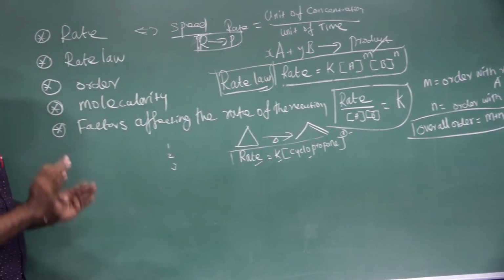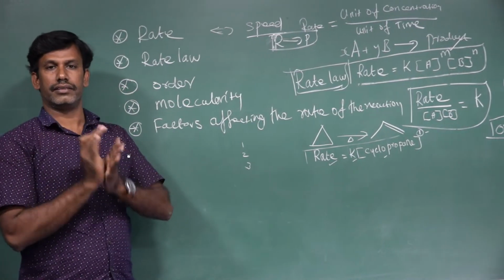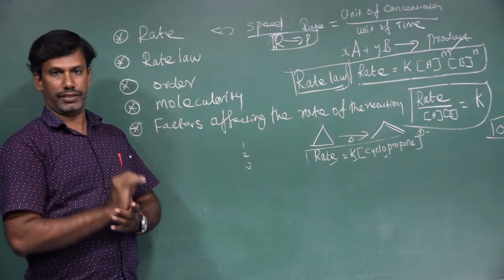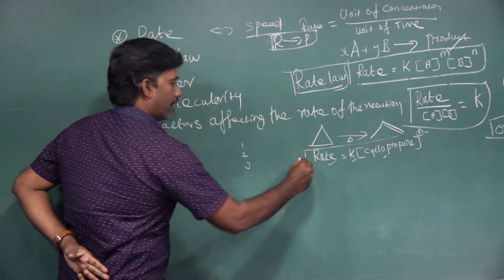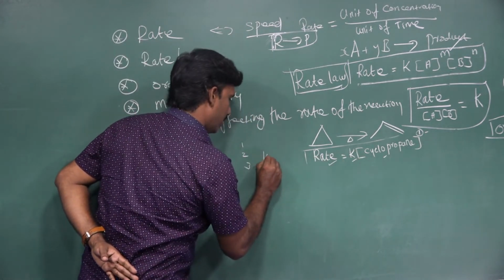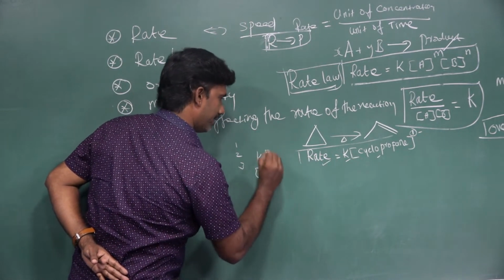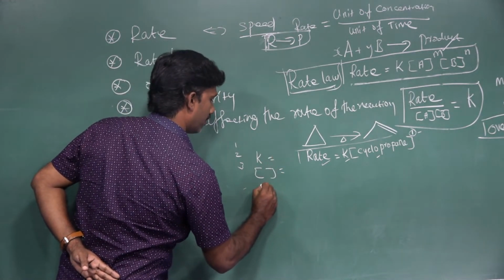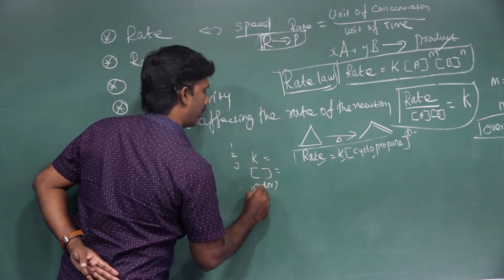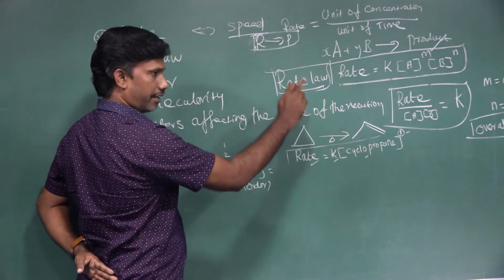Among the 4, they will give 3 of them and ask for 1. For example, if you want the rate, they give the rate constant value, the concentration of the reactant, and the order. From all those 3 data, you can calculate the rate.